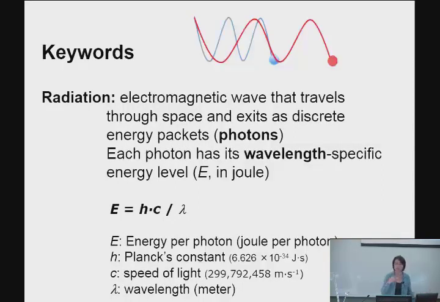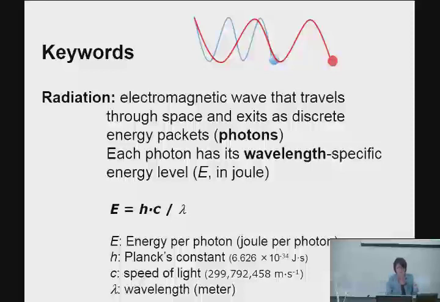And radiation, as we understand it, basically has wave-type characteristics: an energy packet containing some level of energy traveling through space. We characterize the radiation by the number of waves per meter, or wavelengths.